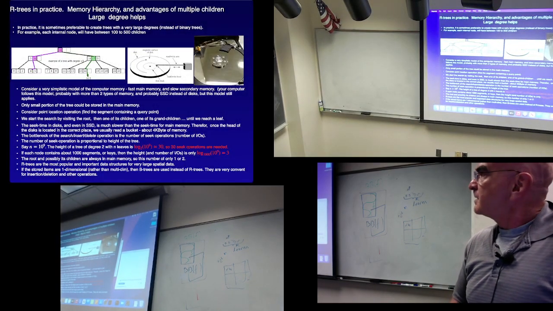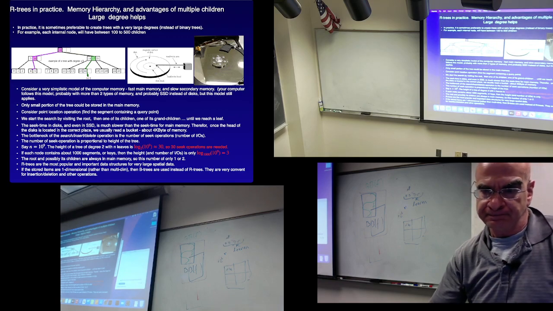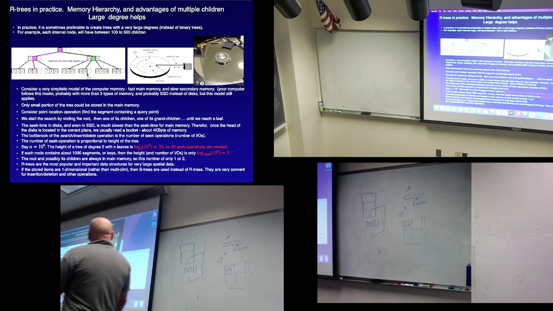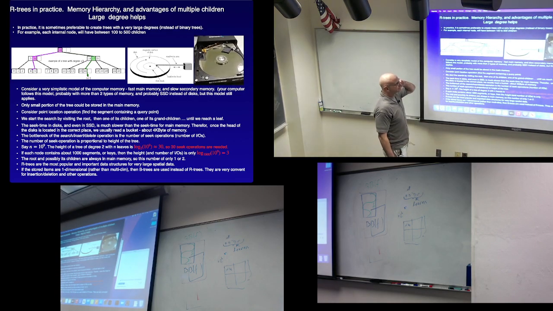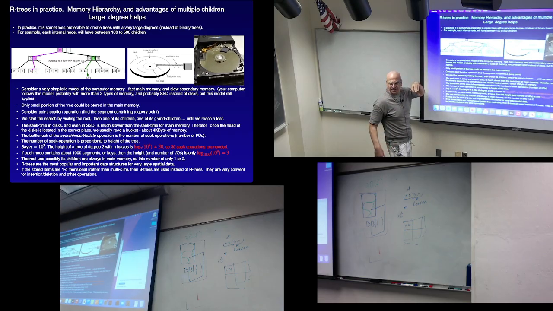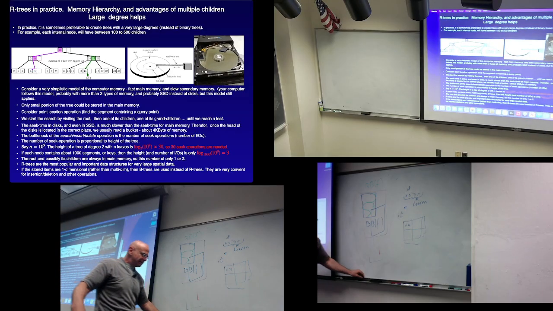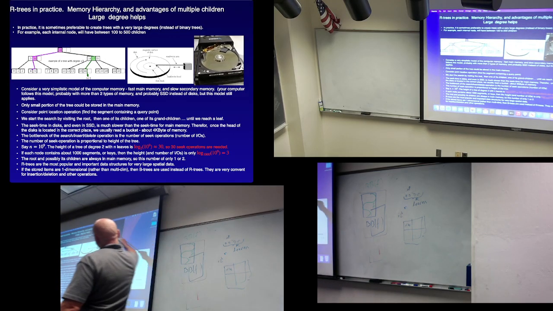Okay. Let's talk about R trees in the real world. So what happens in the real world? Assume a model of your memory where you have expensive, very fast, but limited in size, high-level memory. Let's call it the main memory. Generally, we are talking about the whole hierarchy, but let's just divide this hierarchy into two.